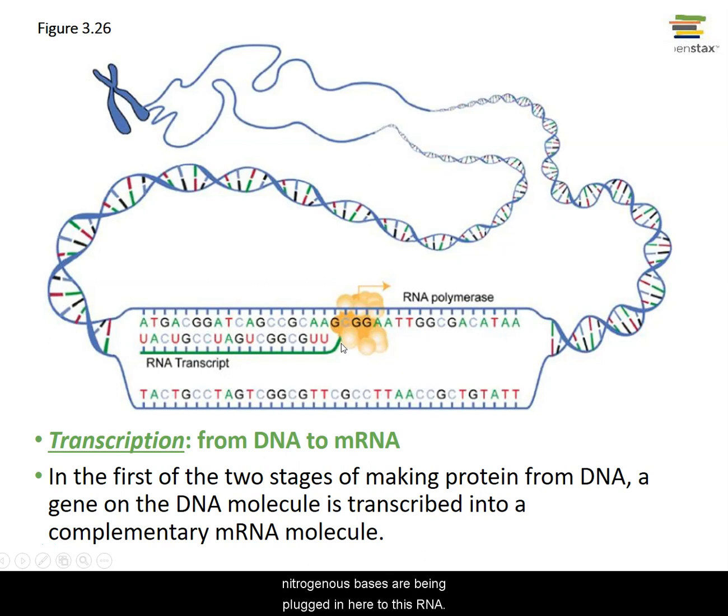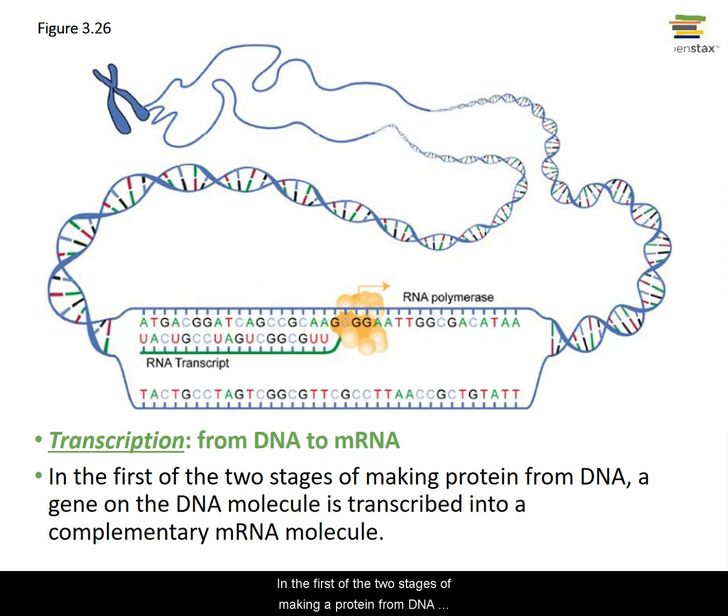So more nitrogenous bases are being plugged in here to this RNA that is building messenger RNA inside the nucleus. So we had adenine to uracil, thymine to adenine, guanine to cytosine, adenine to uracil, and so forth and so on. This is called transcription from DNA to messenger RNA.